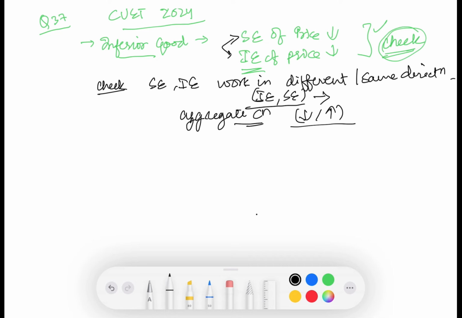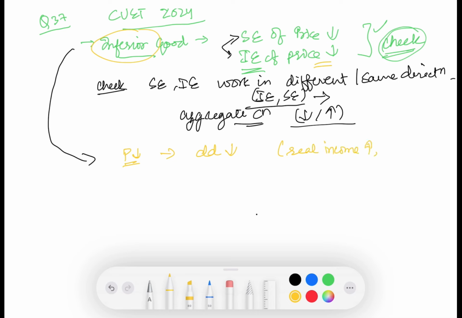This is what we have to check. Now, just discussing the properties of the income effect of a price decrease for an inferior good. What happens if the price falls for an inferior good? Because of the fall in price and it's an inferior good, the demand will fall because your real income increases, right?